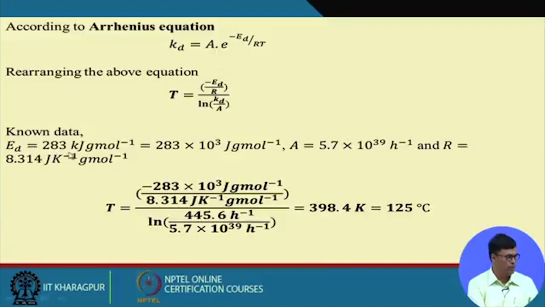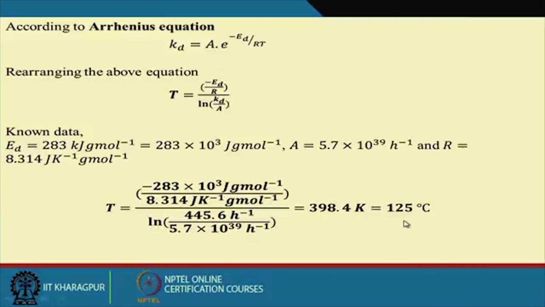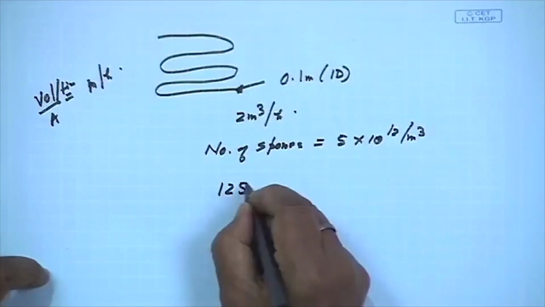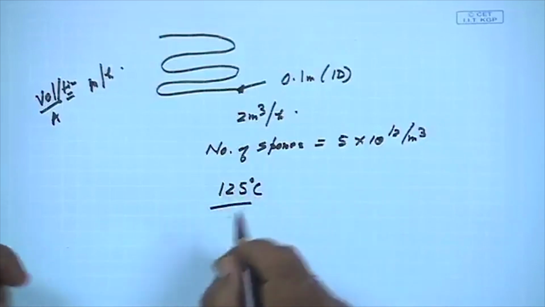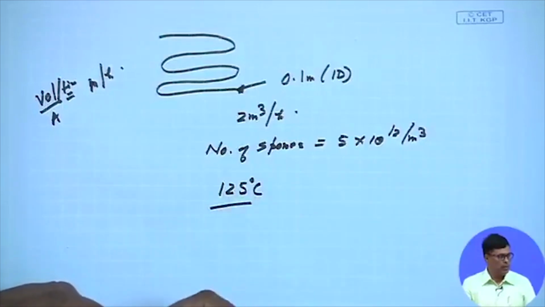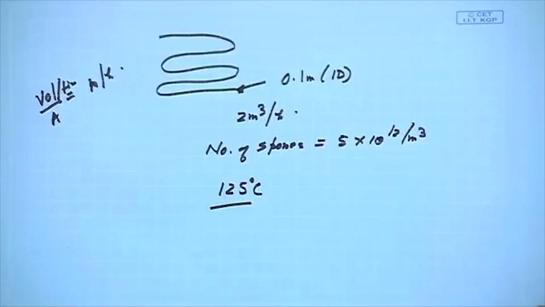All these values are given here: the activation energy required for killing the organism, the Arrhenius constant is given, and the gas constant we know. Then you put in these values and find the temperature. The temperature of sterilization is coming about 125 degrees centigrade. So this is how we can easily calculate the temperature of medium sterilization.